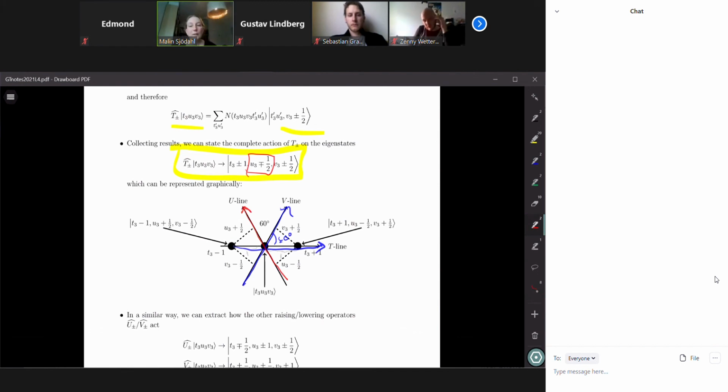So, knowing the step operators, T plus minus, U plus minus, V plus minus, we will then be able to walk around in this two-dimensional eigenstate space or weight space with the weights of the T and V and U operators.